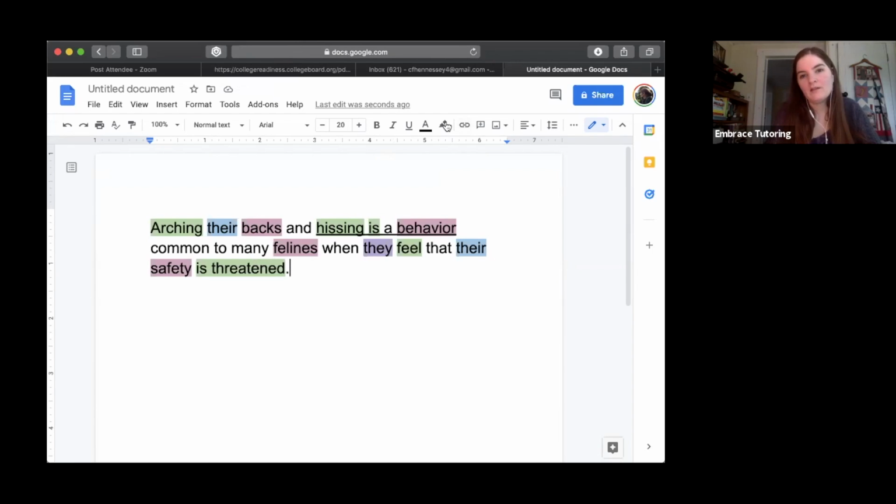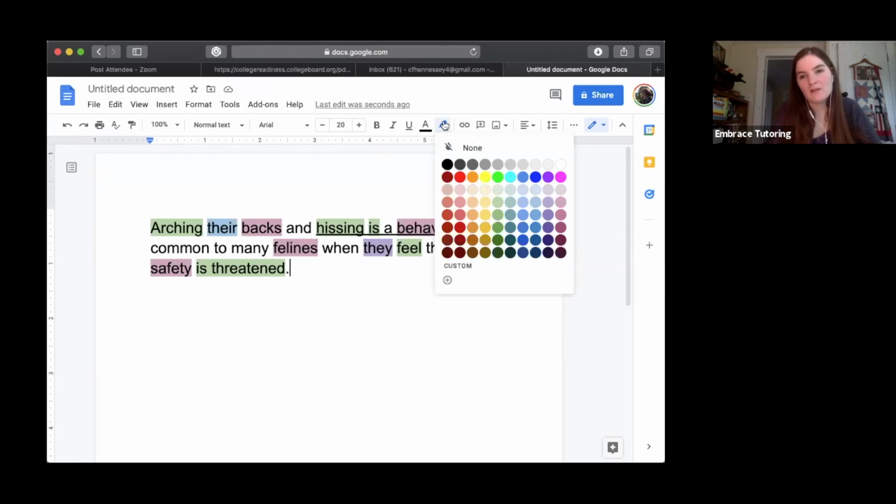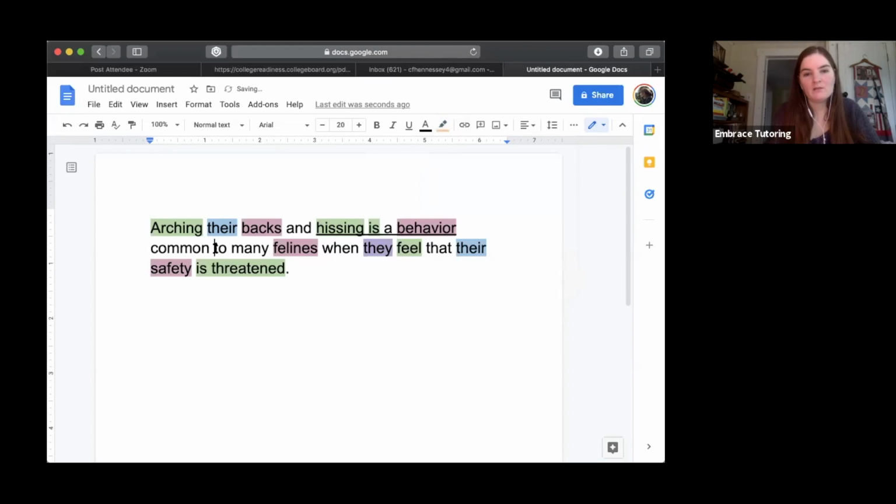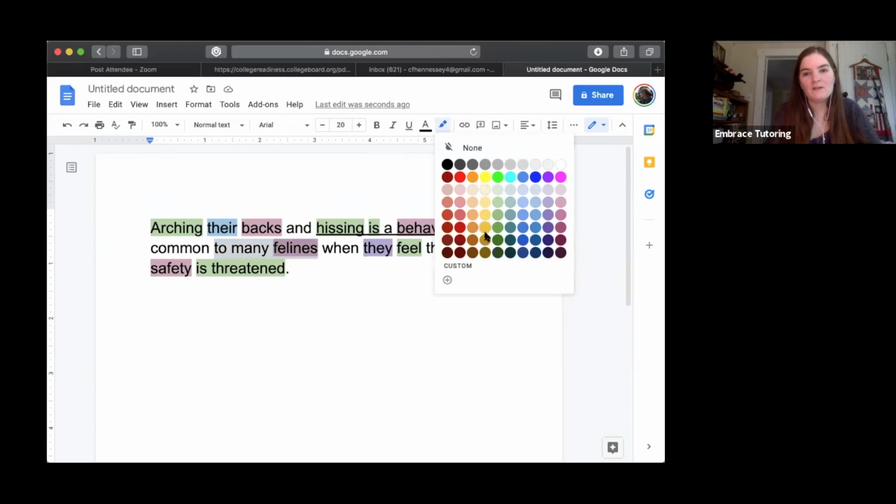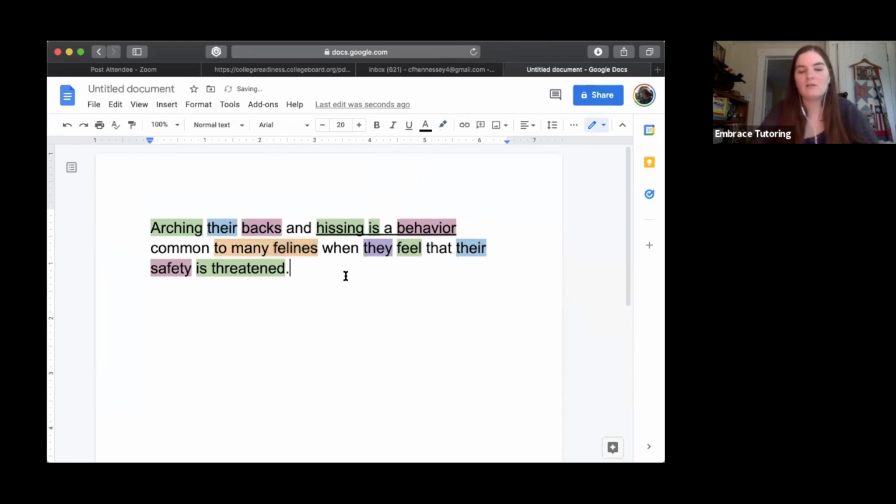That requires knowing what a preposition is and what it does, and identifying those many different words. So if I go here, to many felines, to in this case is a preposition starting a prepositional phrase. Felines is the object of that preposition to, so it is not the subject of our sentence. Does that make sense to everyone?